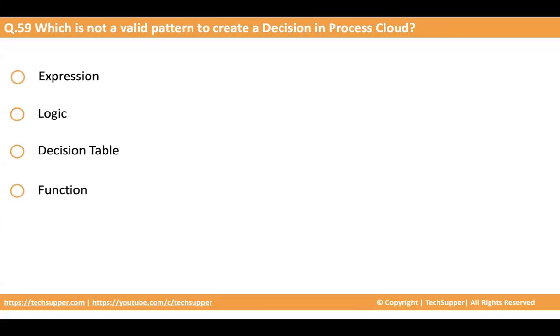Which is not a valid pattern? If you don't know, you can log in to the Process Cloud again, go to the decision, try to create a decision and see which is not a valid pattern you see in the list. Context as well is an option. The correct answer is logic. So logic is not a valid pattern.